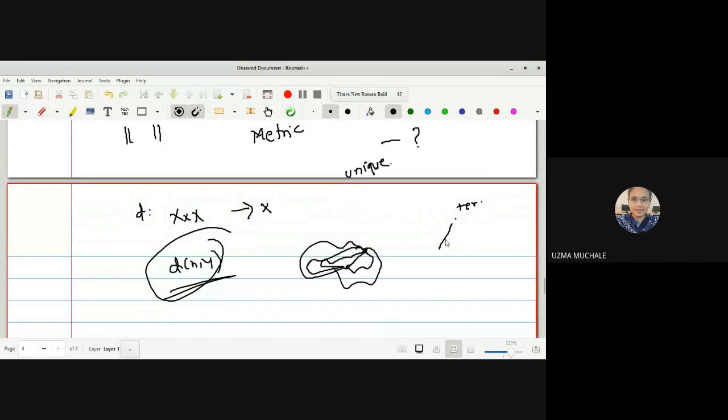So how many ways are there to reach mom? You can use the stairs, first going to the first floor, then the second floor, like this. So there are infinitely many ways to reach from point A to B.